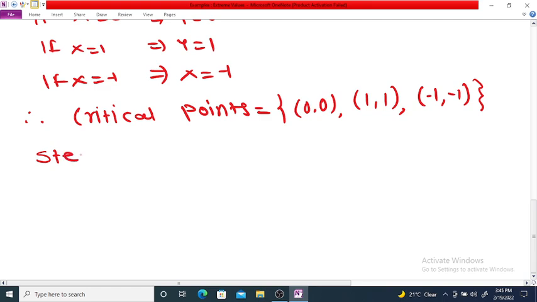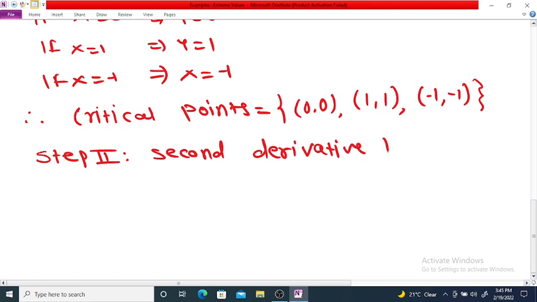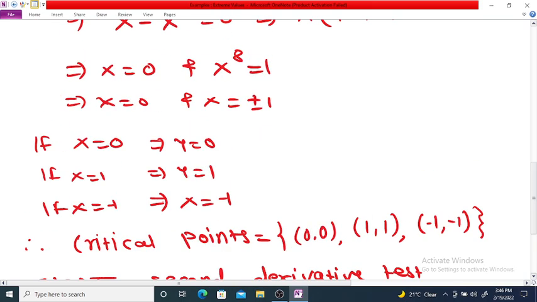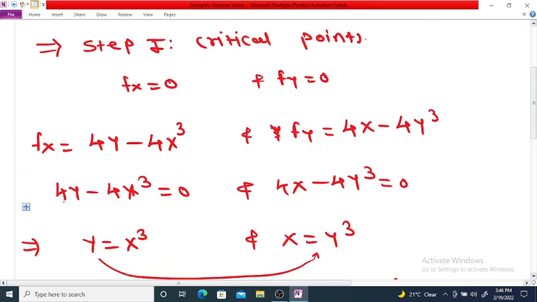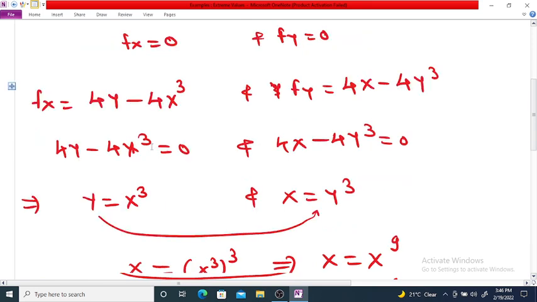Step 2, second derivative test. Here f of x is 4y minus 4x cube, so f of xx is minus 12x square.